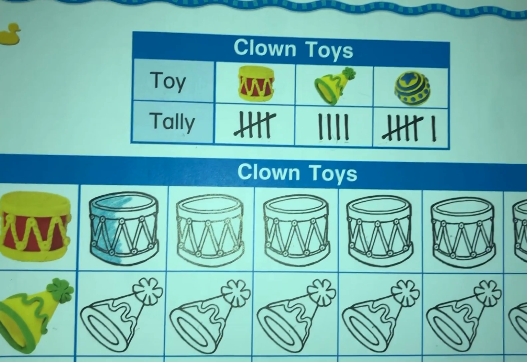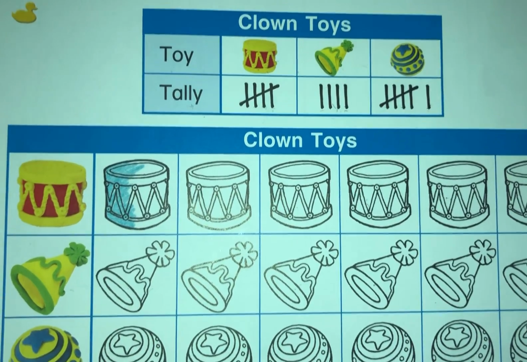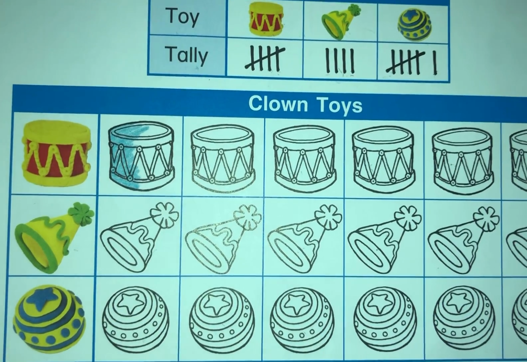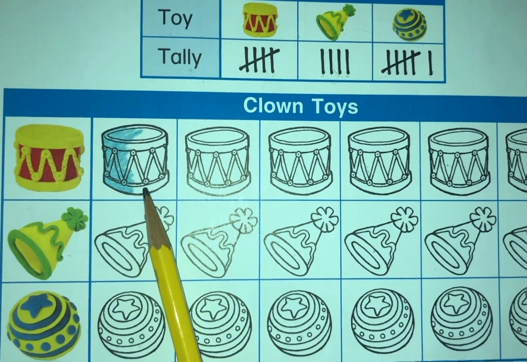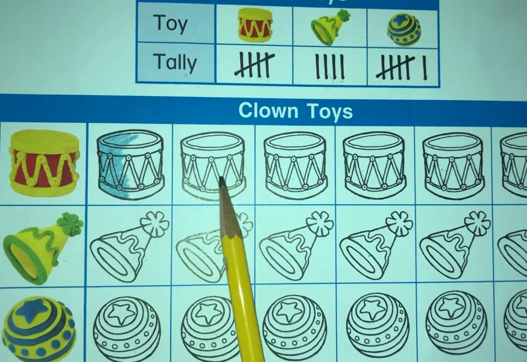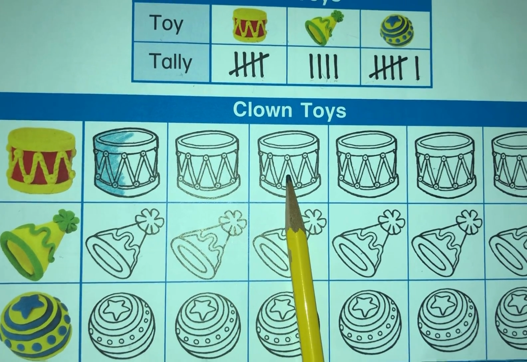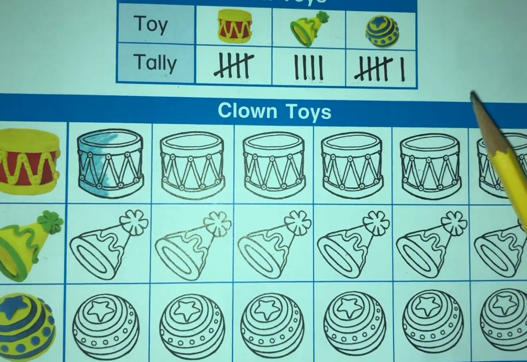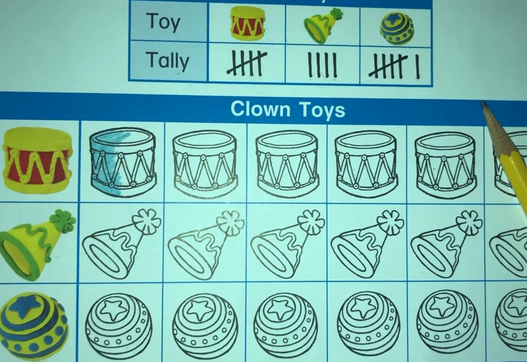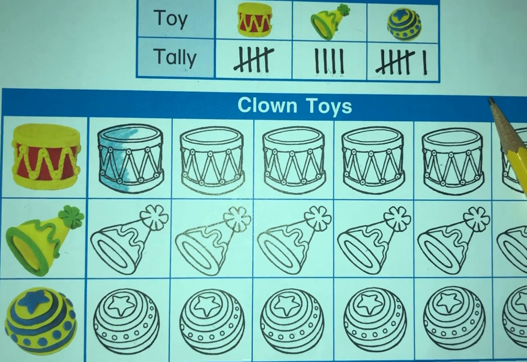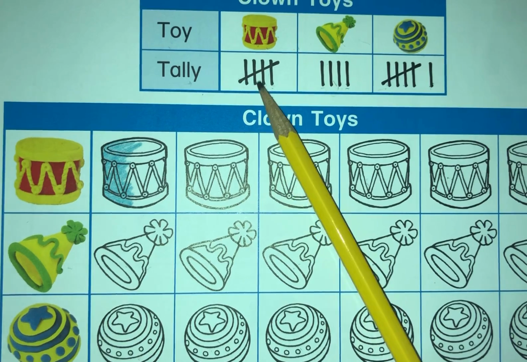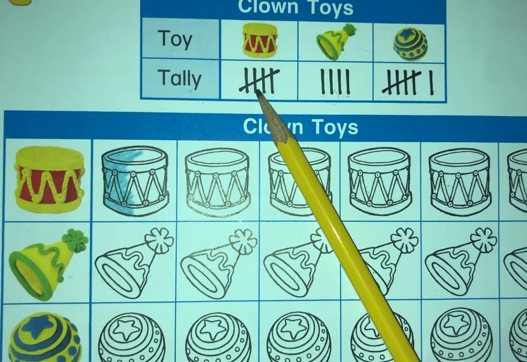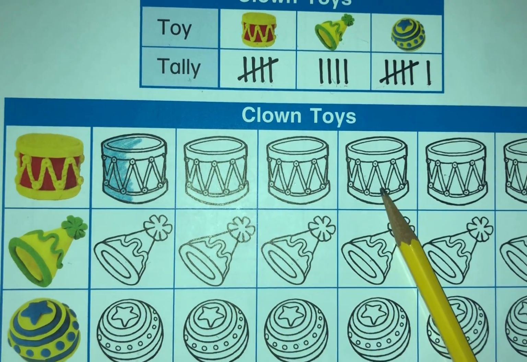So we want to color in 5 pictures. So take a crayon and color in 1 drum, 2, 3, 4, 5. Don't color in that last drum. So remember, you only want to color to show how many. So 5 tally marks, color 5 drums.